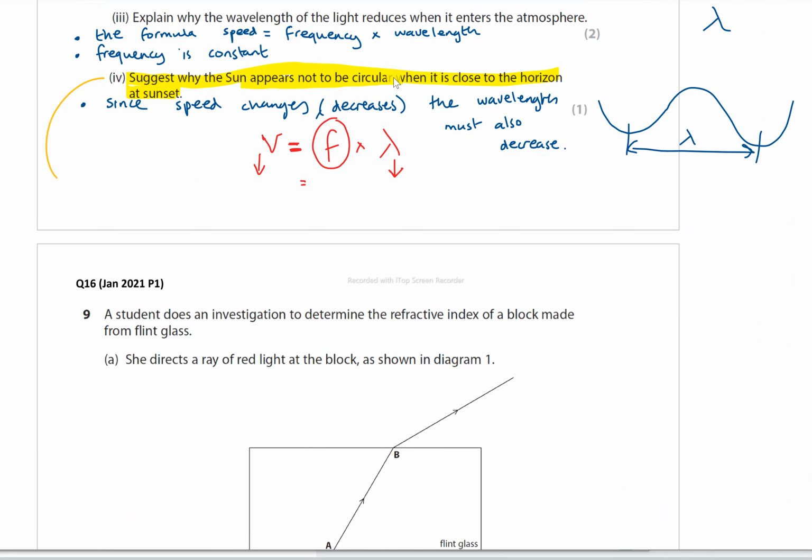So for this one, light from different parts of the sun refract different amounts.